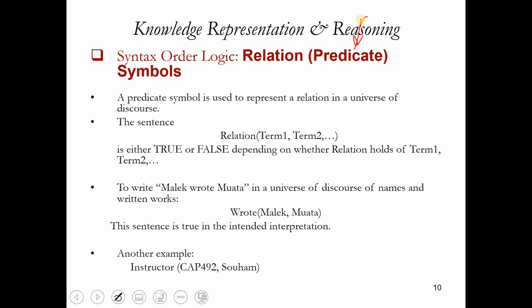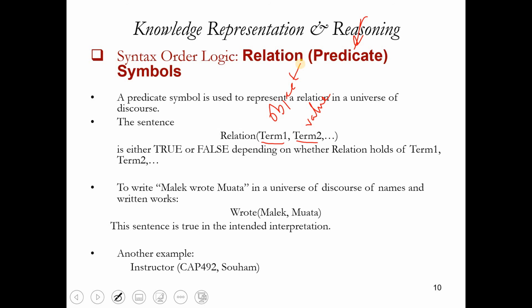Relation is normally used to represent a relation in the universe of discourse. It is normally used to make a mapping between objects and truth values. What can be the value of that object? So for example, a relation I define between term 1 and term 2 will be either true or false based on whether the relation holds or not.